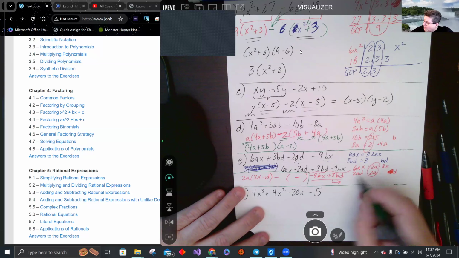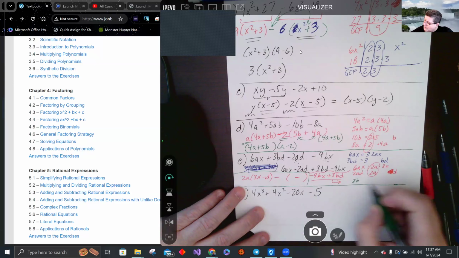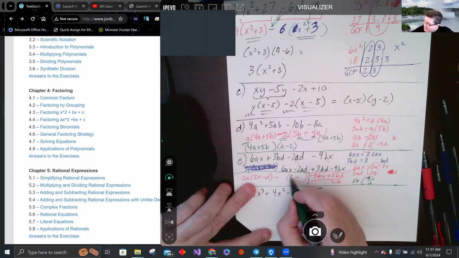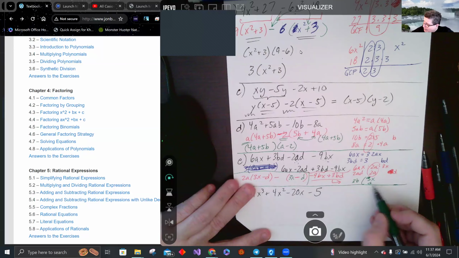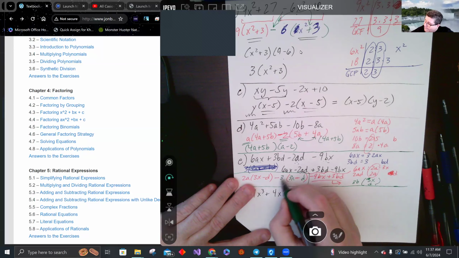Here, they both have 3b in common. The 9bx has a 3x left. The other one just has a d, which is what we wanted. 3x and d. And we factor out a 3b.